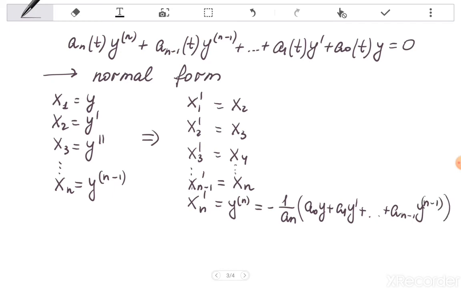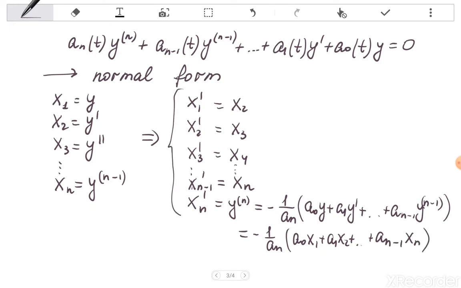And now we replace all this y prime and so on with our notation. So y is x1: a0 x1 plus a1 x2 plus so on plus an minus 1 xn. So you see, we indeed obtain a system where on the left hand side we have only derivatives and only functions on the right hand side. This is a normal form of this linear differential equation.